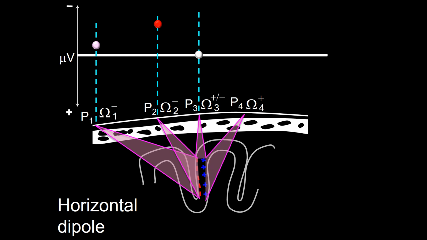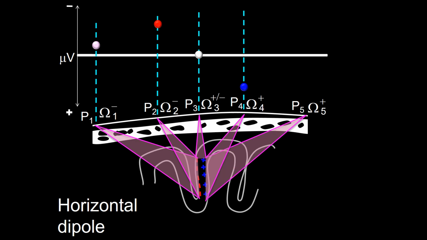At the fourth position, the solid angle will show the positive side of the dipole. I have represented this in the voltage line by a blue dot. The blue dot is on the positive side of the voltage line.